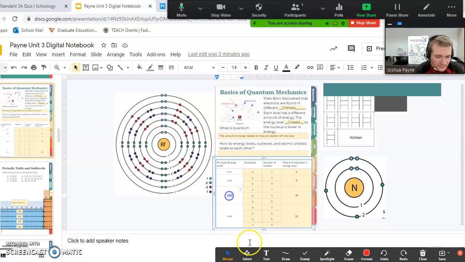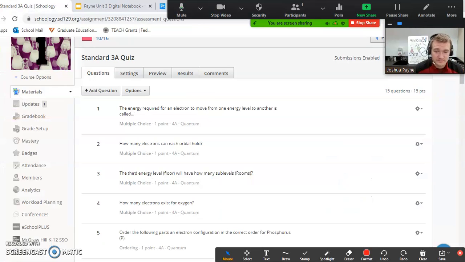Well, it wants to know about floor 3, and how many rooms are in floor 3. Well, we have an S room, we have a P room, we have a D room, and that's it. So on the third ring, or that third energy level, we have 3 different rooms we could put electrons in. So your answer for number 3 should be 3.